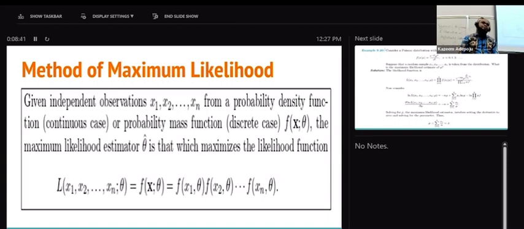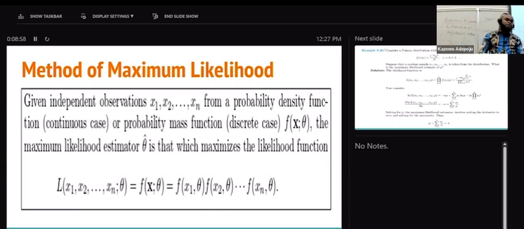I'm going to say that again. Before I can compute any meaningful statistics from data, we need to be able to understand its probability distribution.